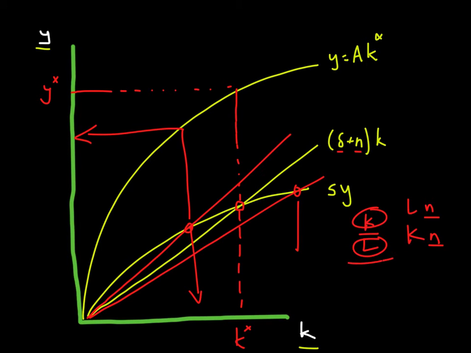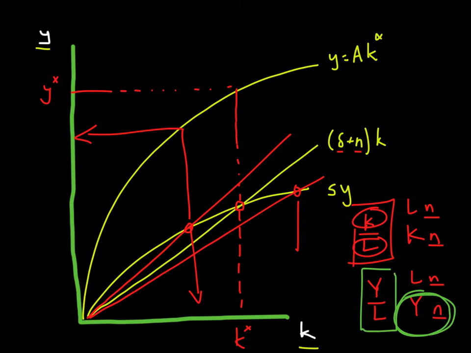But the capital labor ratio is not changing, which means that output per worker is not changing, which means, again, that L is growing at the rate n, and now output is growing at the rate n as well. So what we see here, and this is somewhat interesting, is that we can explain an increase in output now, so we can see why output is increasing, but we cannot explain an increase in output per person, or there will be no increase in output per person.